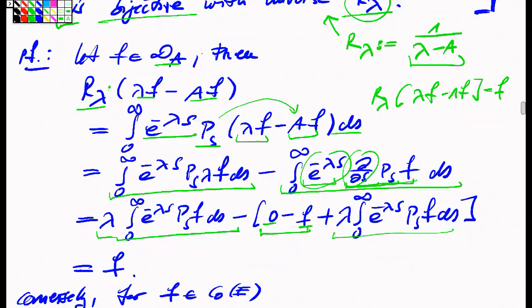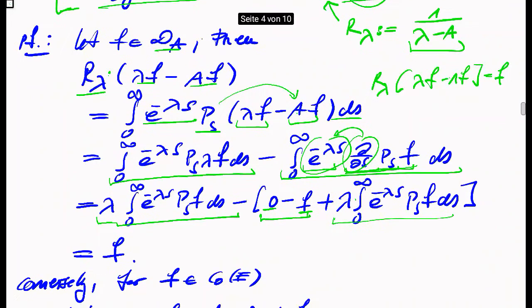So by we differentiate, we move the differentiation towards this function on the left-hand side, this left factor, and this gives me a minus lambda times e to the minus lambda s, where lambda is, of course, only a factor which can be moved out of this integration.